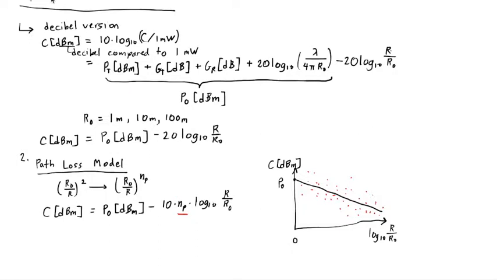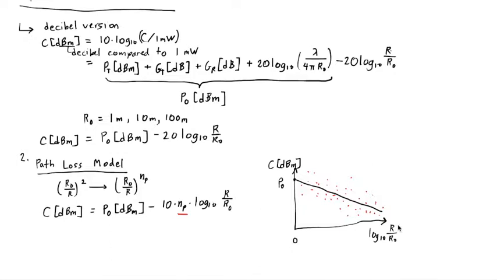n_p is going to be higher in dense cities like Manhattan versus University City. They're going to be even lower in rural areas where there are fewer buildings. They're going to be higher when we have terrain variation.